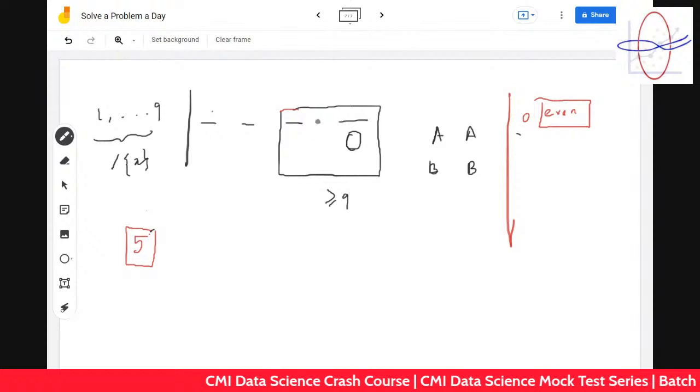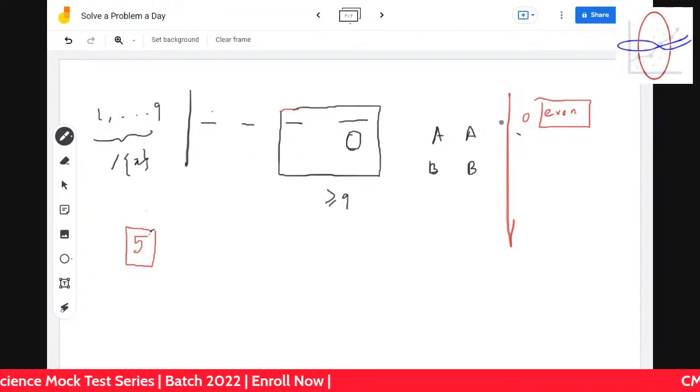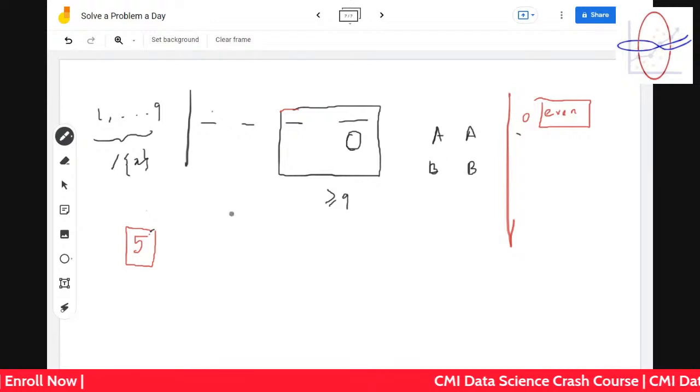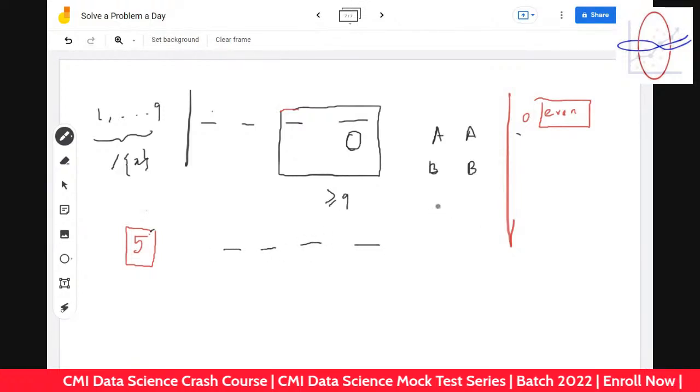If the last one is 0, there is another 0 possible out here because there are two of them. Let's say B is equal to 0.